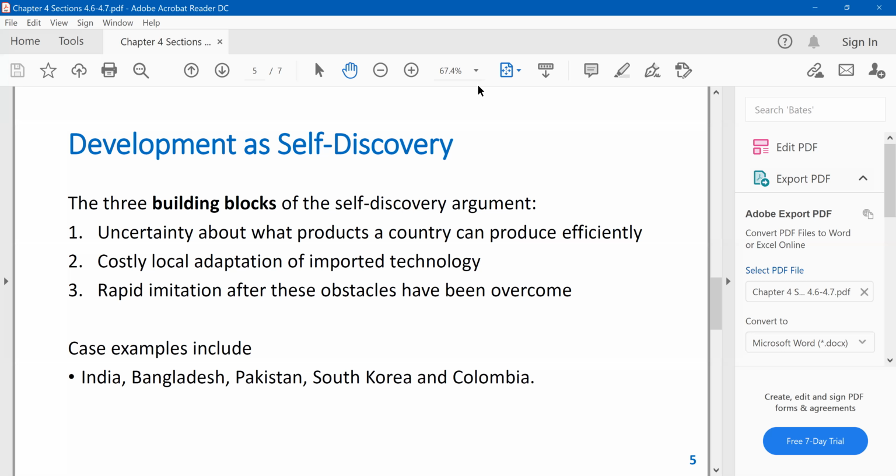Okay, then I pay certain license fees. I send my managers and engineers to Germany for them to learn the technology. Then I transfer the technology to my country. Now I know what to produce, and I have a good, productive technology to produce that good.